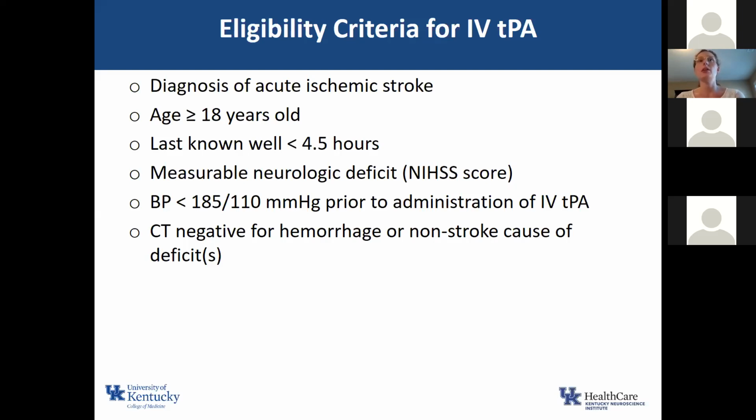That would make us think it is more likely from hypertensive emergency rather than a stroke, but they're so similar, and one can lead to the next. So you want to go ahead and just treat the blood pressure and monitor closely. And then of course the CT has to be negative for hemorrhage, and it has to not show any non-stroke causes of the deficits either. So for example, a large mass or tumor could be the cause.